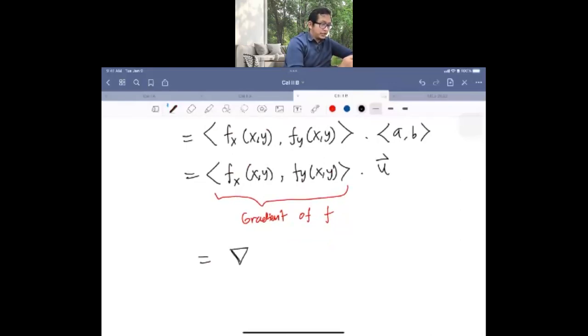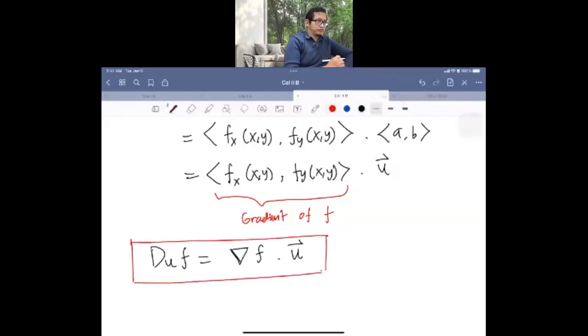We call this the gradient vector of f, or gradient of f, or we can also write it as del.